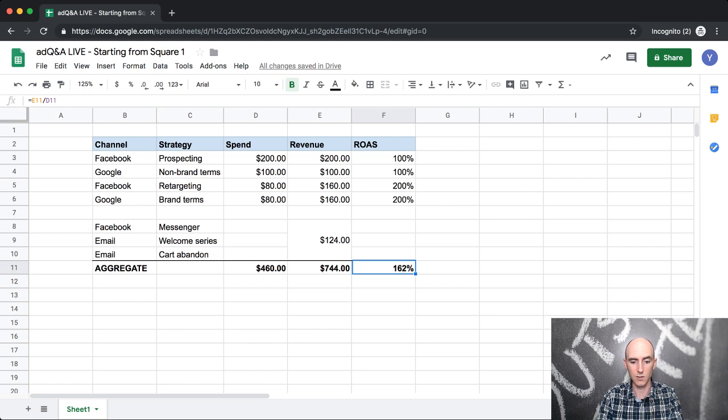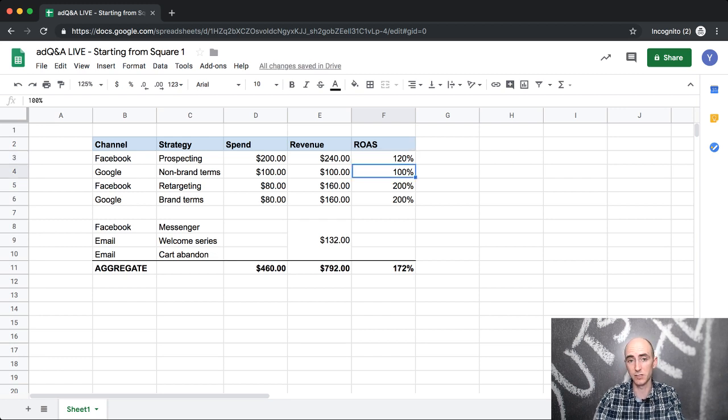So what I do need to do is figure out a way to make retargeting more effective, or find a way to make Messenger, email, and so forth even more effective, so that that area under the curve is maximized, right? So here, let's say that now that I've scaled up to 200%, I start doing some more creative testing and I'm actually able to get this up to 120%, and maybe non-brand terms.